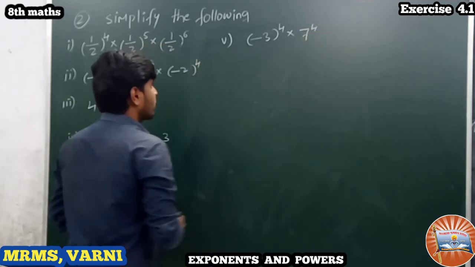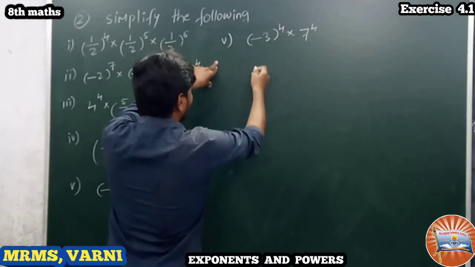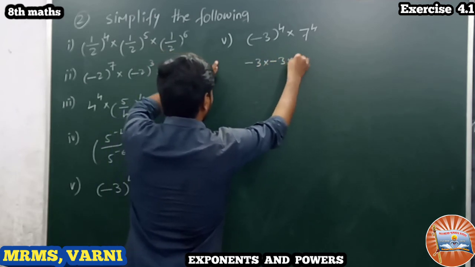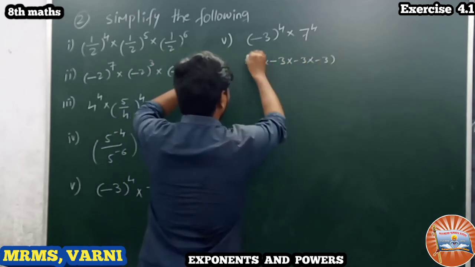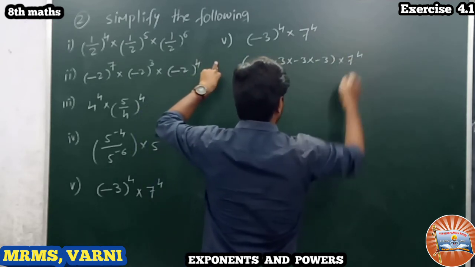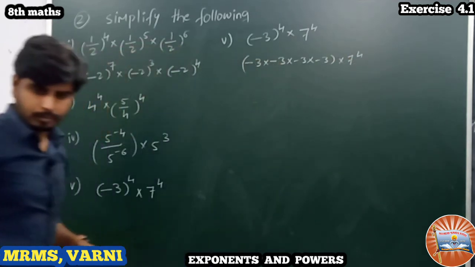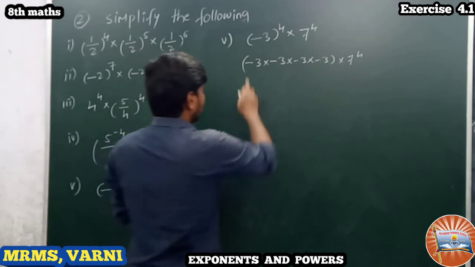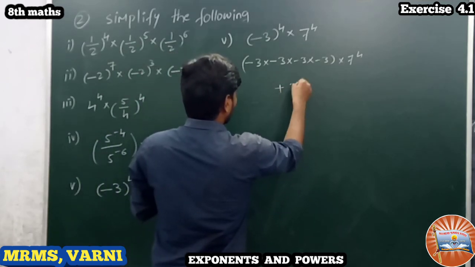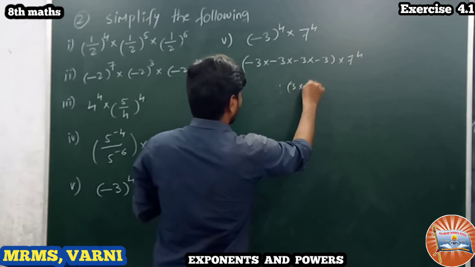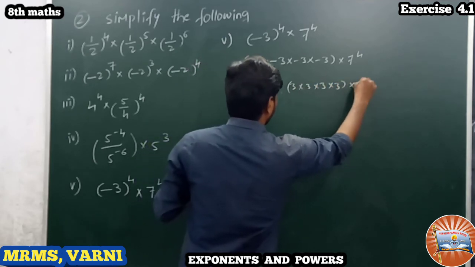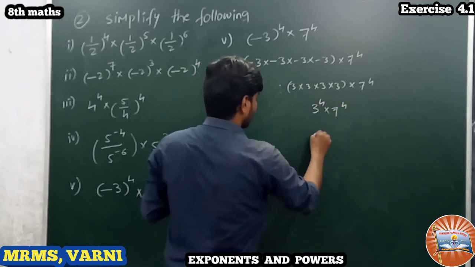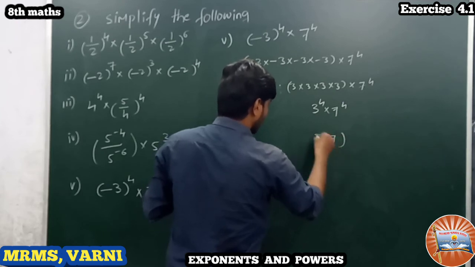Okay, so what becomes? This is minus 3 power 4, we can write minus 3 into minus 3 into minus 3 into minus 3 into 7 power 4. This is nothing but plus, it becomes plus 3 into 3 into 3 into 3 into 7 power 4. This is nothing but 3 power 4 again 7 power 4. This is nothing but 3 into 7 whole power 4.